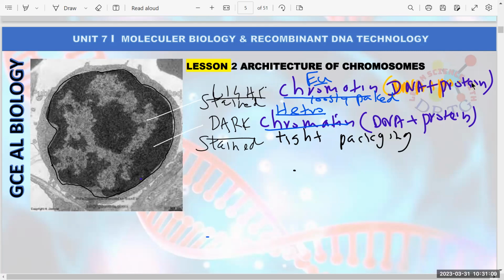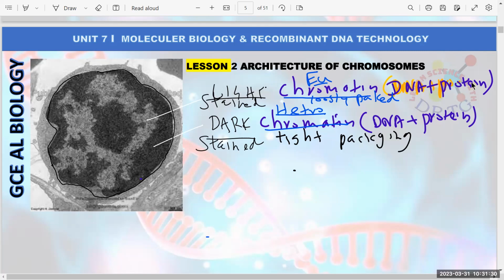Now, when it comes to the DNA molecule and the appearance of the nucleus, scientists were trying to discover the organization of the DNA molecule inside the nucleus.